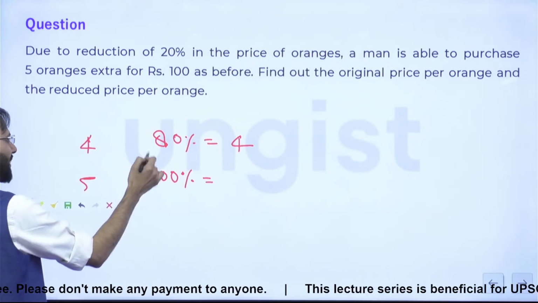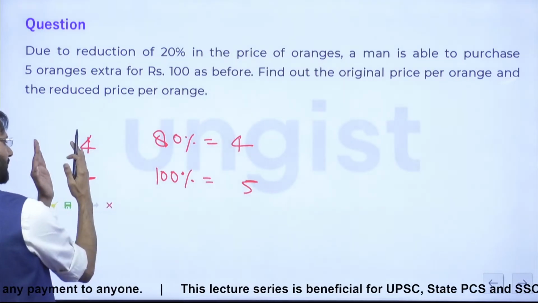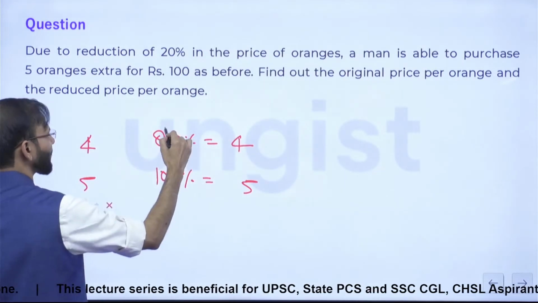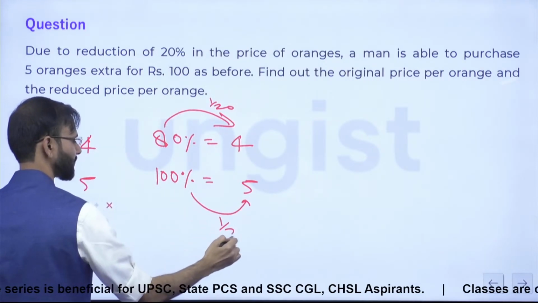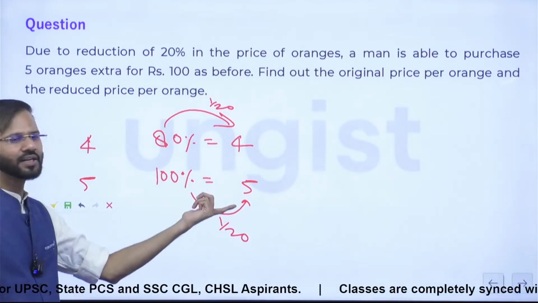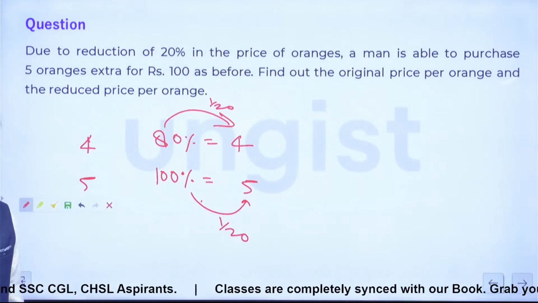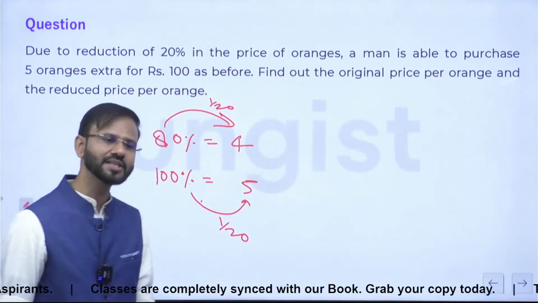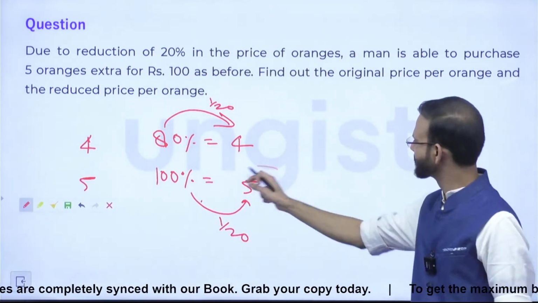If you find the ratio between 80 and 100, this will be 4:5, right? So 4:5 will be maintained here also, I mean vertically, fine. And if you try to maintain the horizontal relationship, this is 1/20 of this, so similarly 1/20 of this, fine. So the relation you see horizontally here will appear here too, and the relation you see vertically will appear here too, right? So guys, it is clear. This question is clear. So the reduced price is 4 rupees per orange and the original price is 5 rupees per orange.